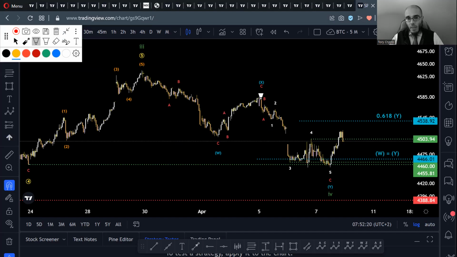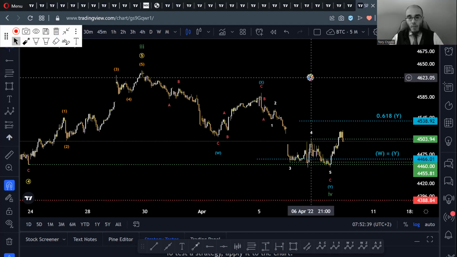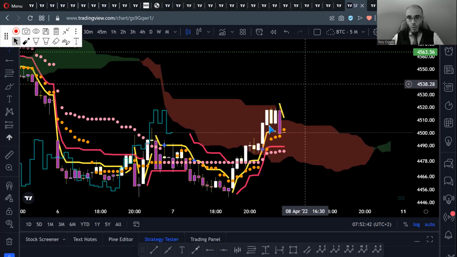According strictly to Elliott wave, if you take 61% of the Y wave, your entry point here would be the 4,538. That would be your entry point. And if I'm not mistaken, that is very close to the entry point that I had on the 3-hour chart. Let me just take a look at it.